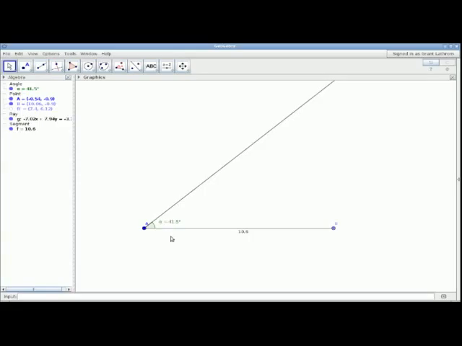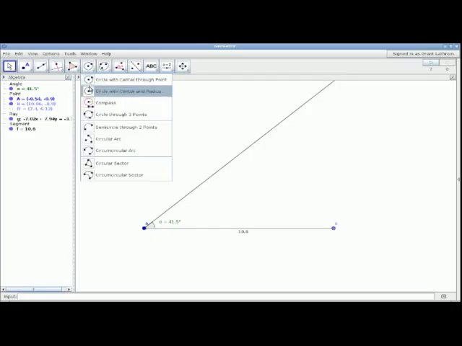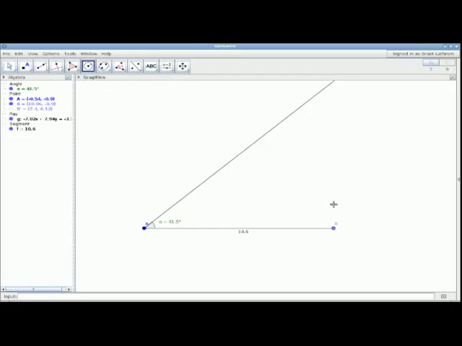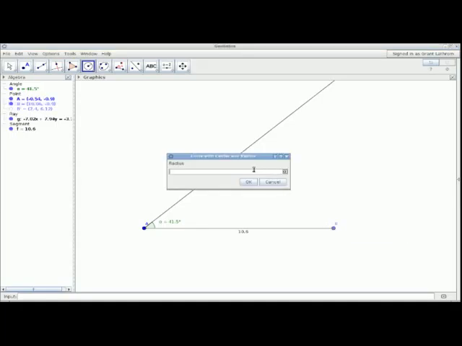I've got an angle of size 41.5 degrees, and now I need a segment for the opposite side to be of length 8.7. So again, I'll come back over to my circle. I'll put the center there at B, and I need the radius of that circle to be 8.7 units.